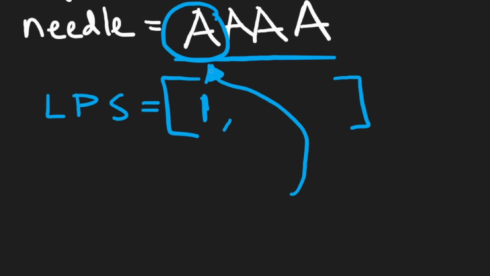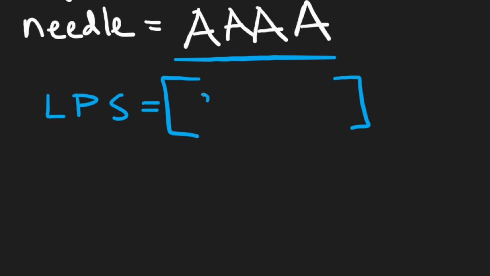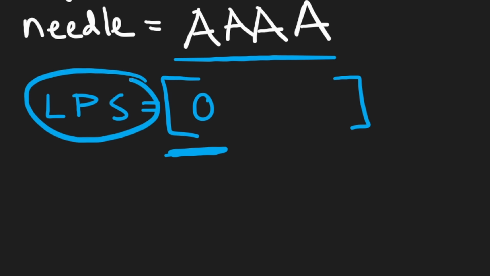There's one catch: the prefix itself cannot be the entire string itself. So in this case, we can't put a 1 here. We have to put a 0 because the entire string itself can't be one of the prefixes, and we only have a string of length 1. So basically what we've figured out is the first position of our LPS is always going to be 0.